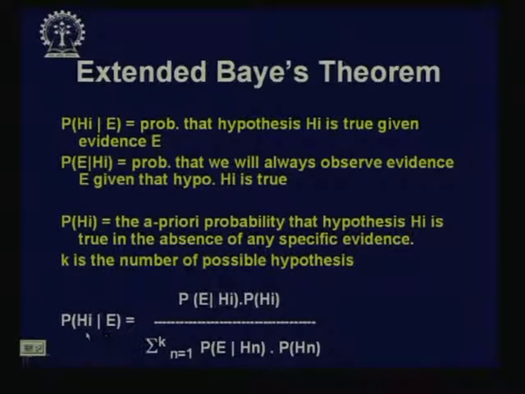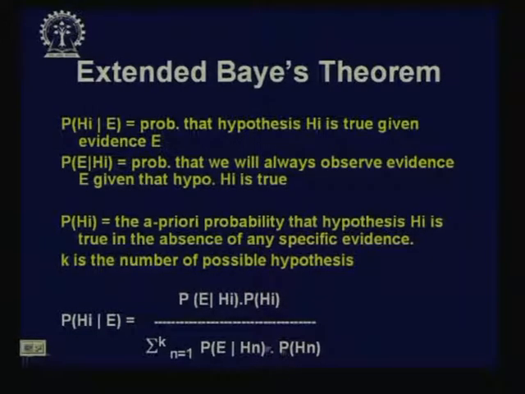So, Bayes' theorem needs to be modified in this way. P(Hi given E) is P(E given Hi), that was there already, the a priori probability of the evidence given the hypothesis, times P(Hi), divided by the sum over n varying from 1 to k, because I am talking of k hypotheses, of P(E given Hn) times P(Hn).